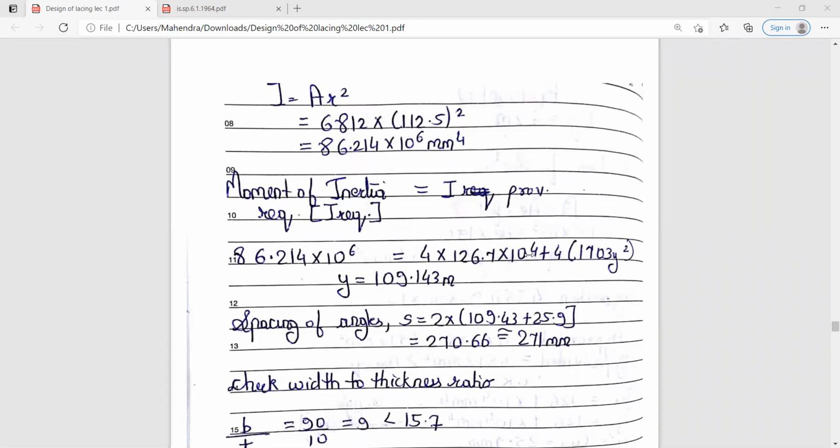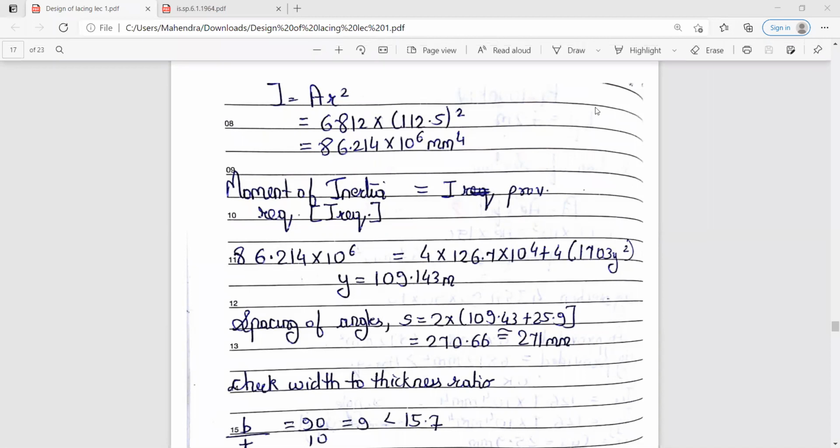Solve up till here. Should I proceed further? Do increase your speed.